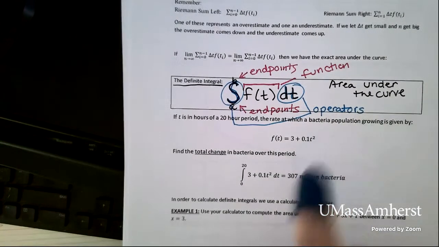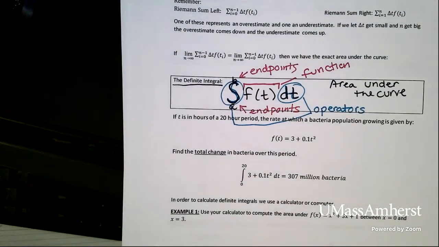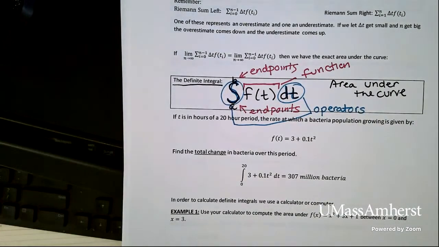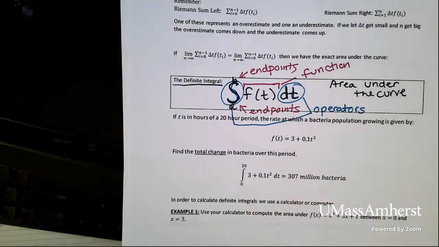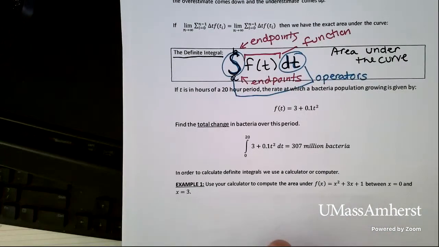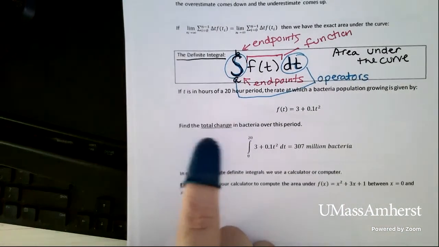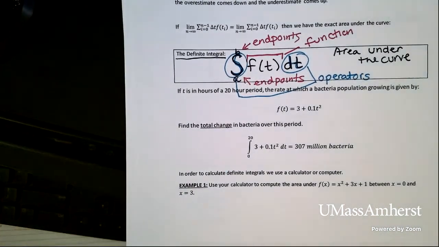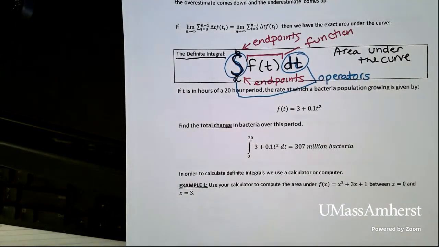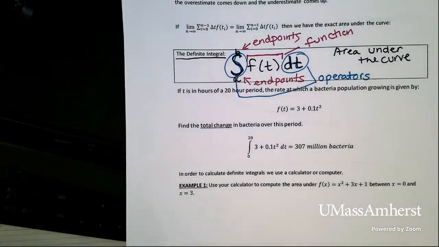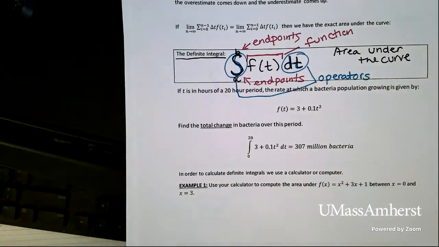This is the exact function we worked on last class, and we did this with delta t equals 4, and we did an approximation. But now that we know how to think more about this, we want to find the total change in bacteria over this period. So if we have this notation, we are looking for the exact area under the curve, okay?